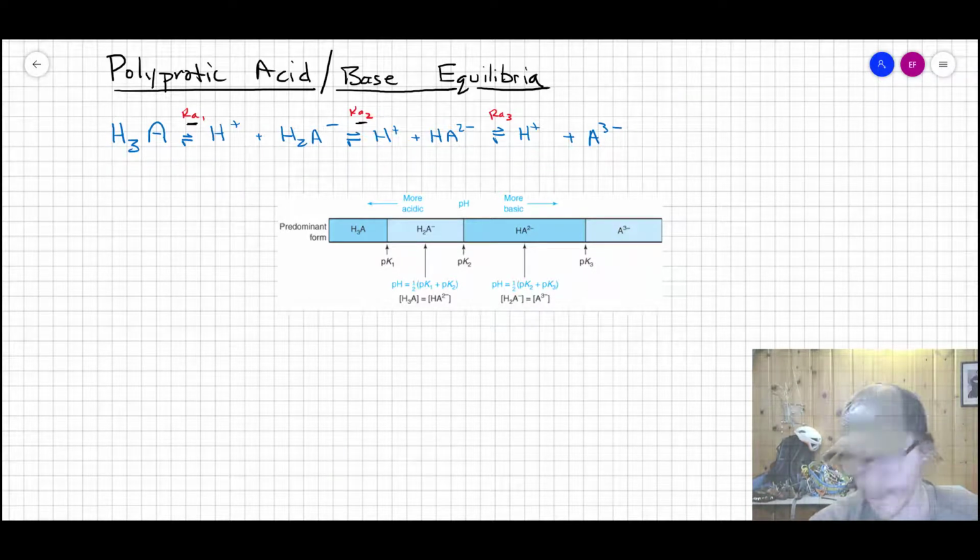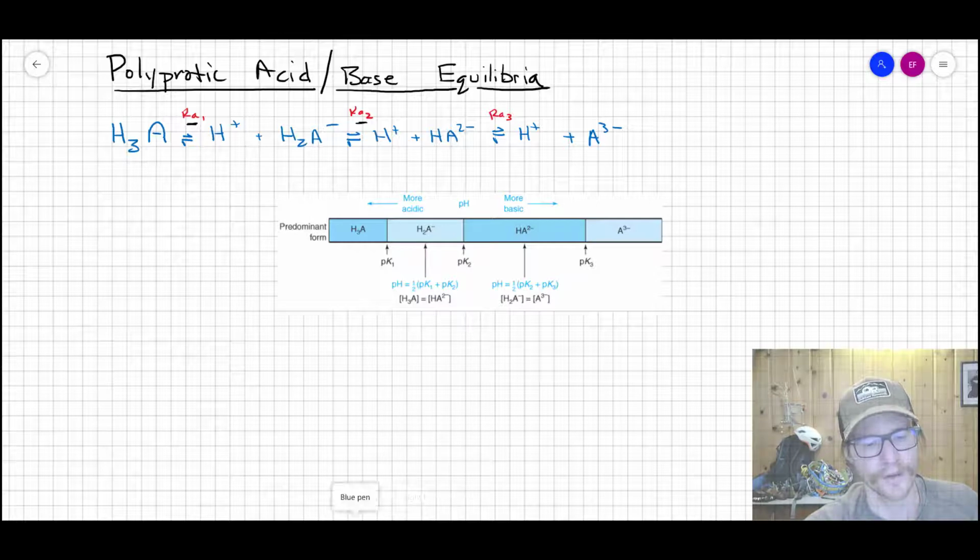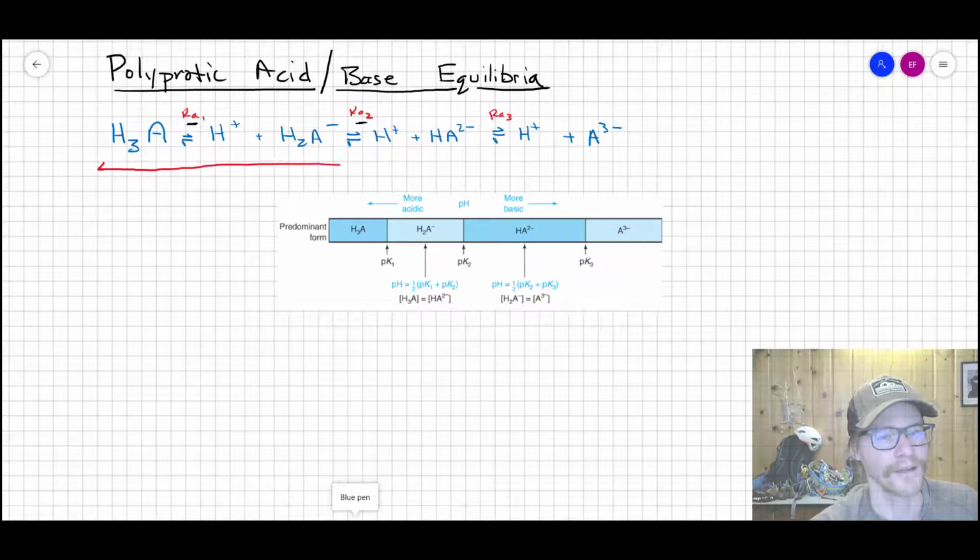So when we're thinking about the presence of all of these things in solution, we can think about what the dominant form of any species in a polyprotic acid base reaction series is going to be. And I think, just intuitively, you can look at that original set of reactions here on a line, and that line can sort of simulate pH.